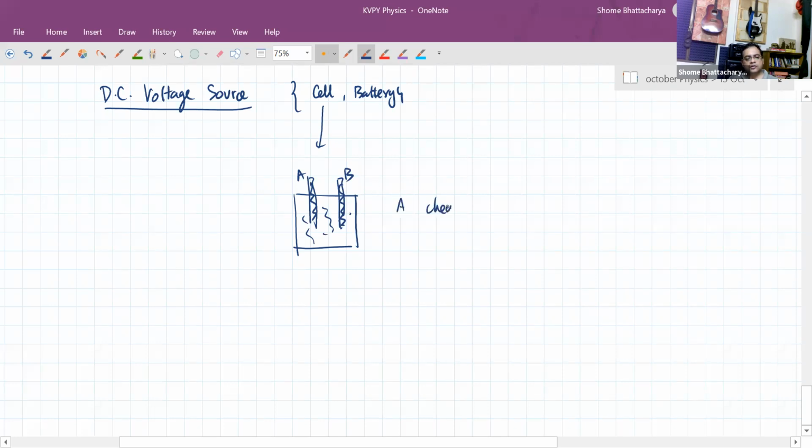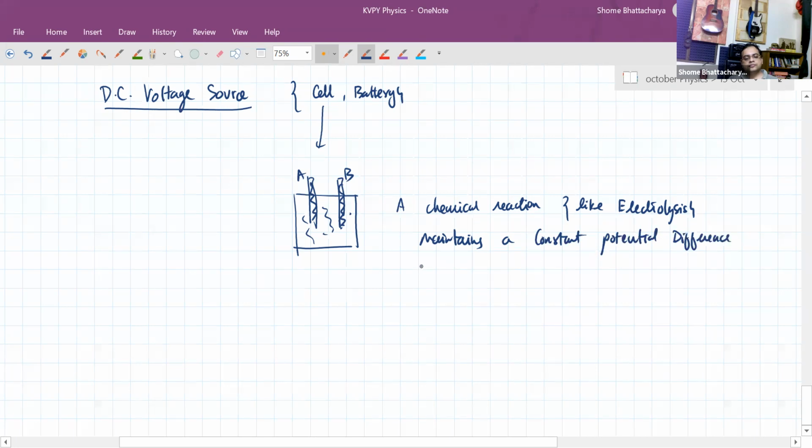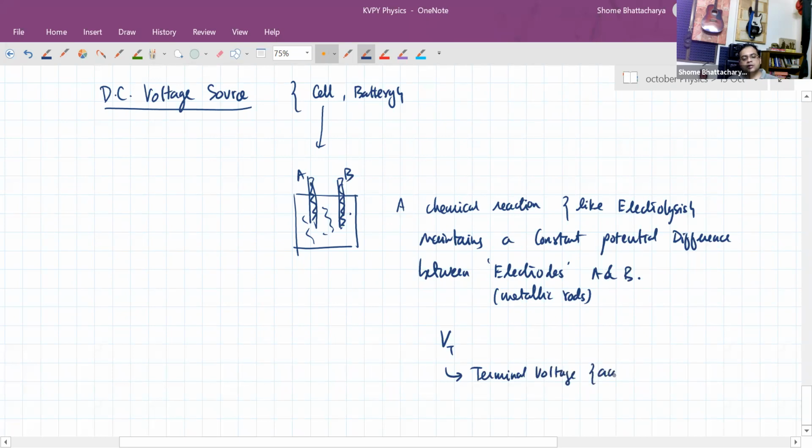So a chemical reaction, like for example electrolysis, maintains a constant potential difference between the electrodes, which are basically metallic rods A and B. And this potential difference V is called the terminal voltage across the cell's electrodes.